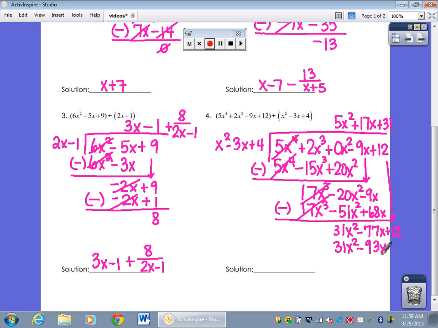And then we have to multiply 31 times 4, which is 124. And we subtract. So 31 minus 31 cancels. This becomes a positive 93, and then you subtract 77, you get 15.